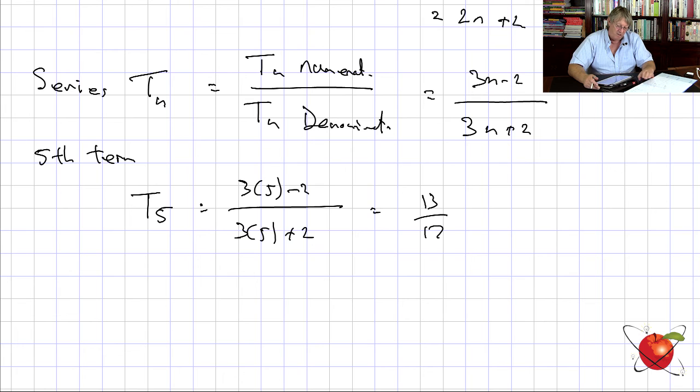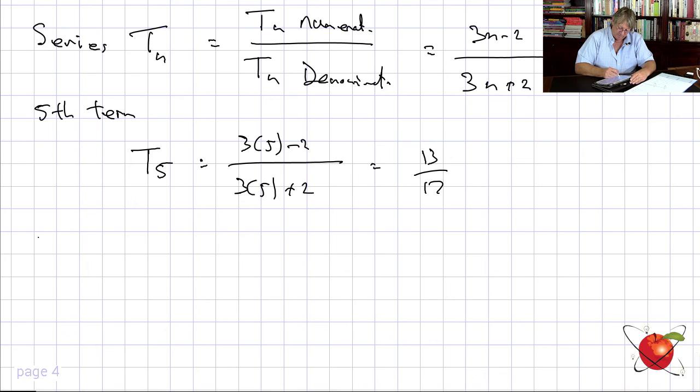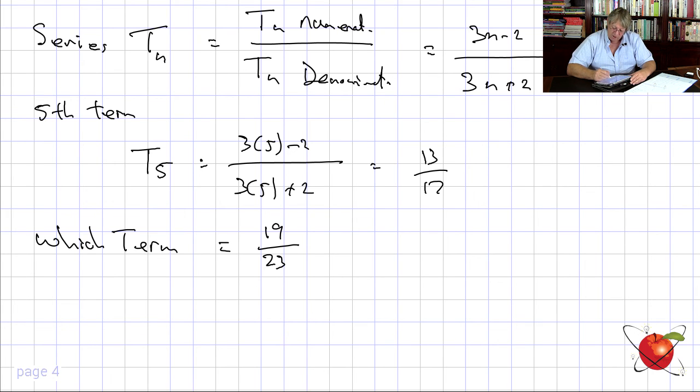And here's another question. They say which term equals 19 over 23? Well, therefore, the numerator is 19, so Tn for the numerator is 19. So 19 must be equal to 3n minus 2, because that's the numerator.